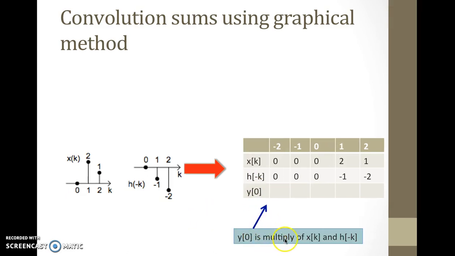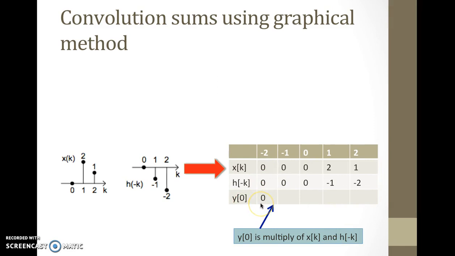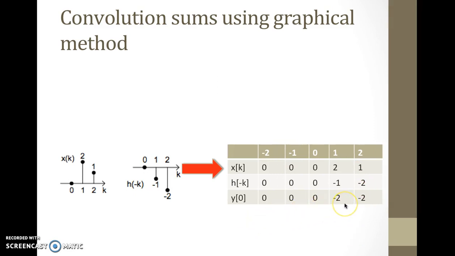Then you need to find y[0]. So y[0] is the multiplication of x[k] times h[minus k]. 0 times 0 is 0, 0 times 0 is 0, 2 times minus 1 is minus 2, 1 times minus 2 is minus 2. So you have completed the table.